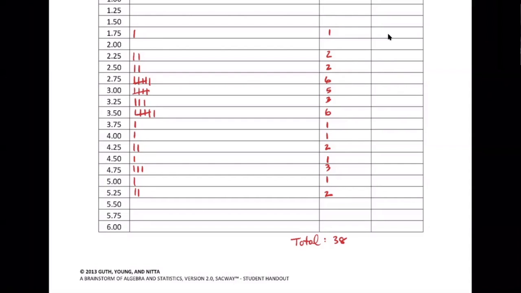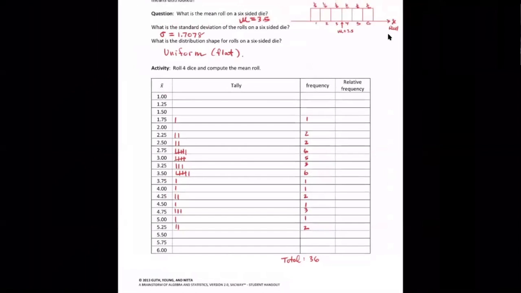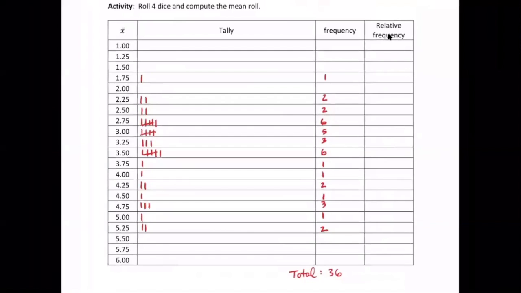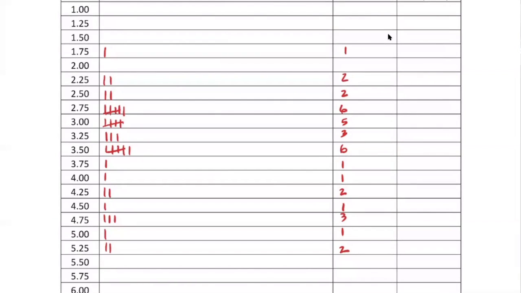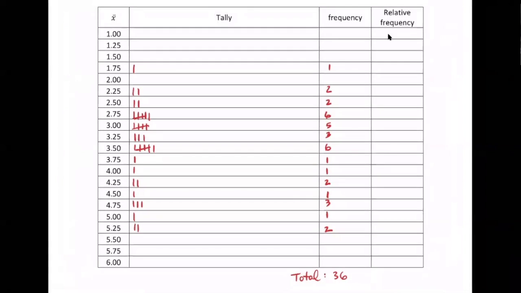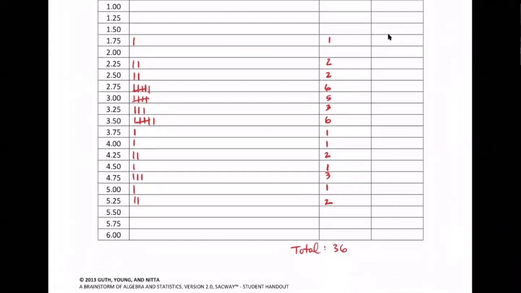Nope, I don't think that's right. Just double checking again. Yeah, it's 36. Okay, so then the relative frequencies are all these values divided by 36. So the first one is 1 out of 36, and so on.